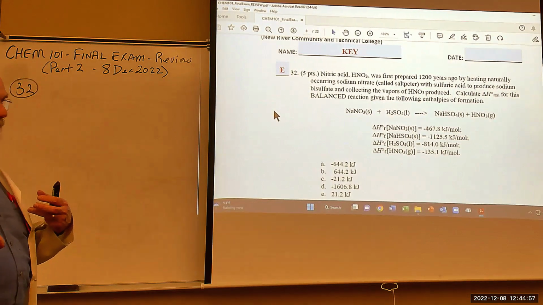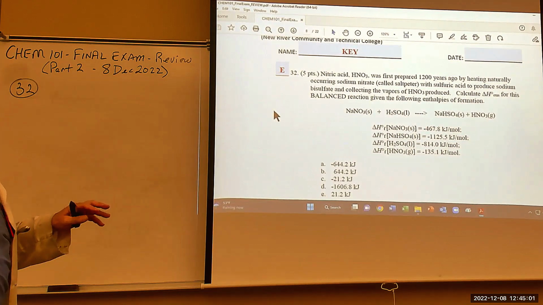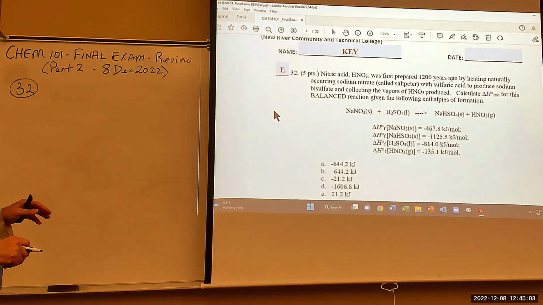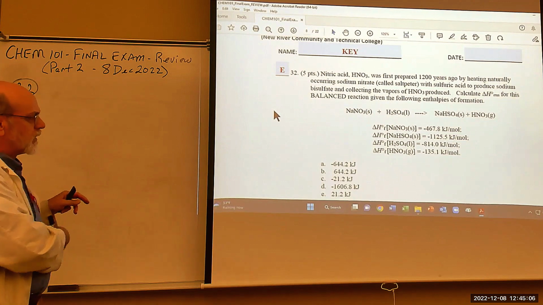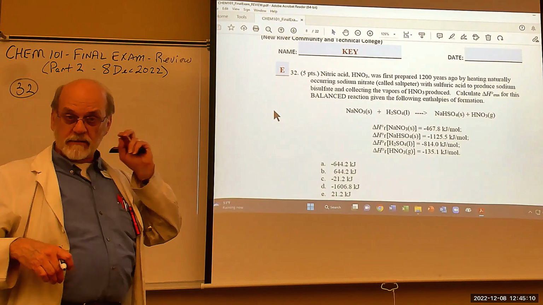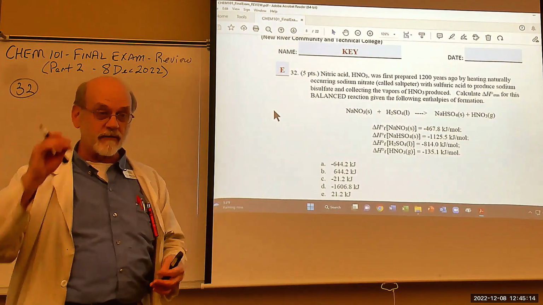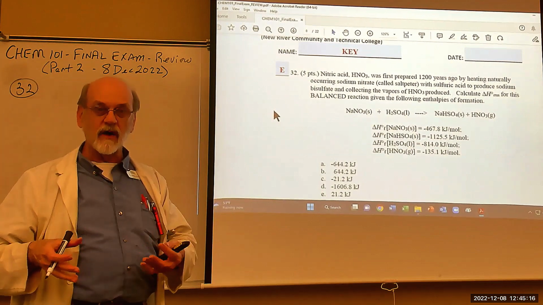We're still talking about thermochemistry. For this problem, what we want to do is find out the enthalpy for that reaction. Now we've learned two ways to calculate enthalpy for a reaction that we don't know.